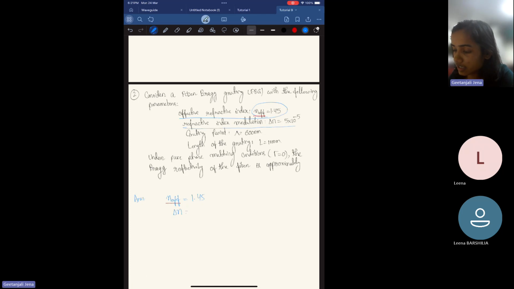This is delta n is 5 into 10 to the power minus 5. Grating period is 600 nanometer, and the length of the grating is 10 millimeter. The question says, under the pure phase matching condition, that is gamma is 0, what is the approximate value of the Bragg reflectivity of the fiber?